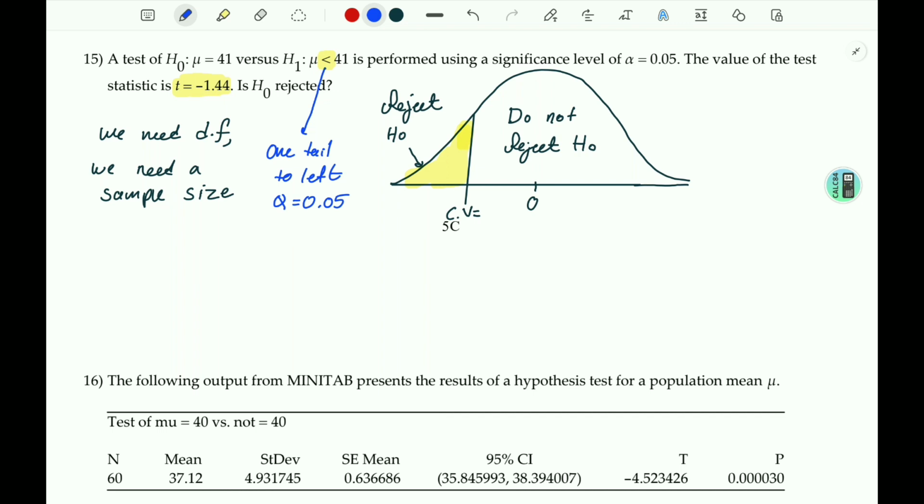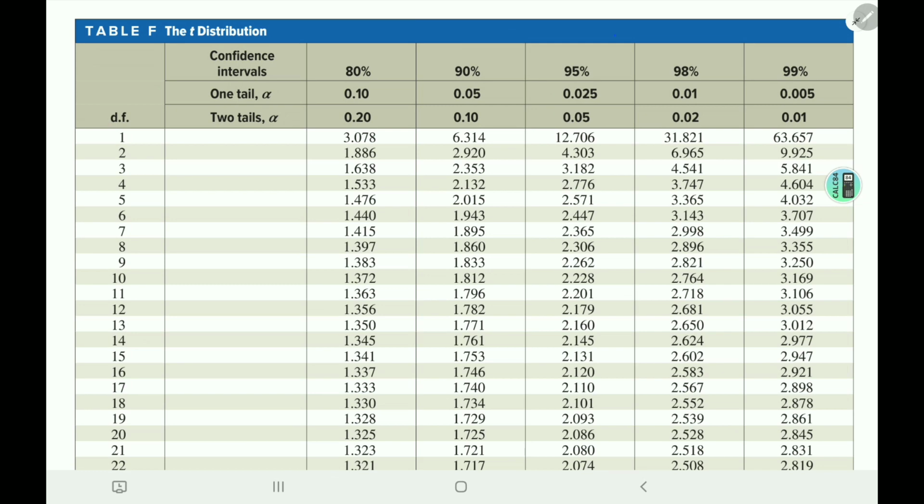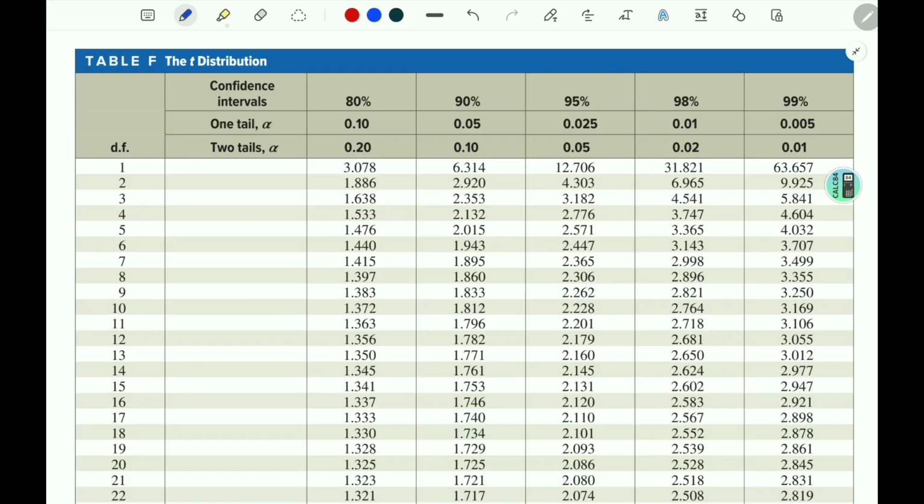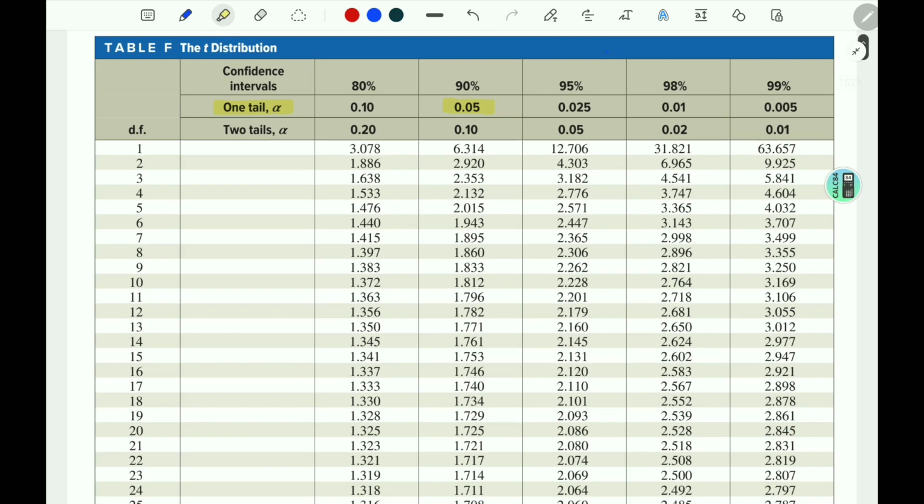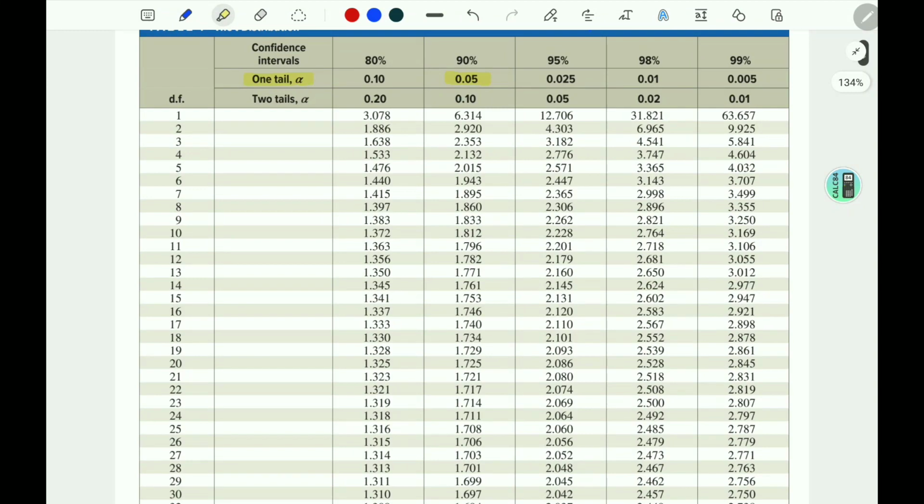To the left, so we know the critical value is going to be negative. So, one-tailed, 0.05. Let's look at all these values for the one-tailed 0.05. All these critical values.